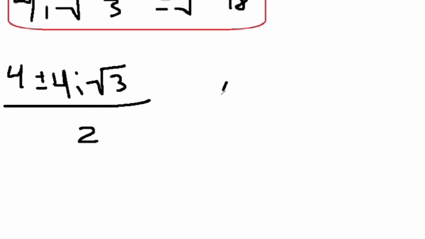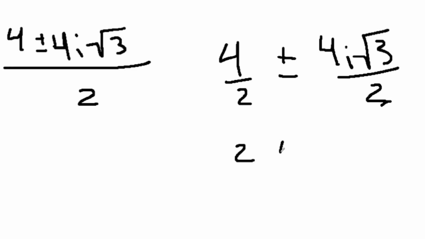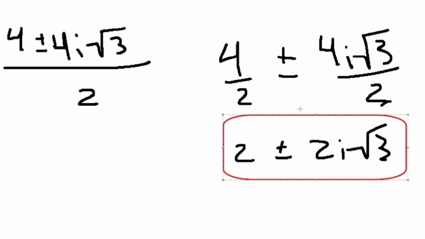So we can do 4 over 2 plus or minus 4i root 3 over 2. 4 over 2 is the same thing as 2. And 4i root 3 over 2 is the same thing as 2i root 3. Great, we're getting really close. Let's put a box around this, just so we have it secure.